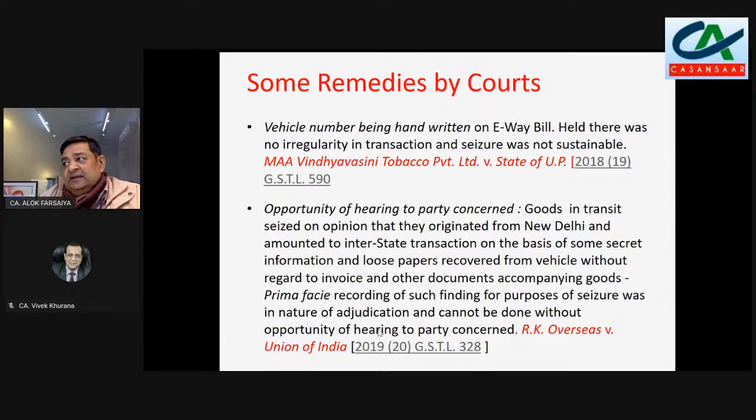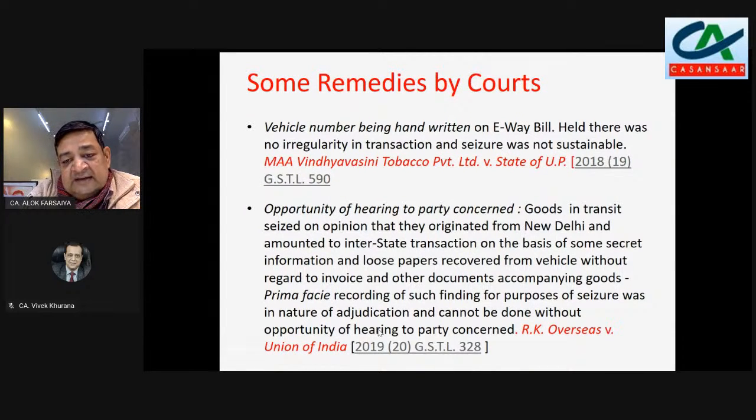In addition to that, there is the case of Maa Vidyavasini Tobacco Company, in which the Allahabad High Court has said that if even the vehicle number is mentioned on the e-way bill by hand and Part B is uploaded and updated, in such cases the goods cannot be detained nor seized.